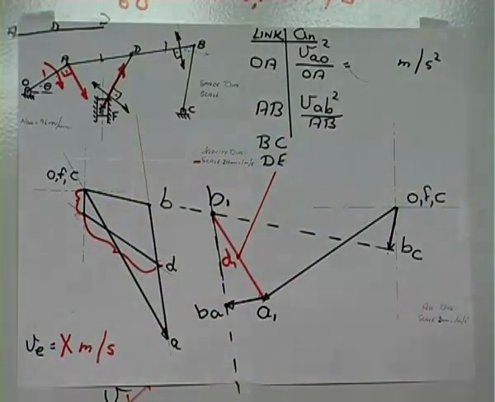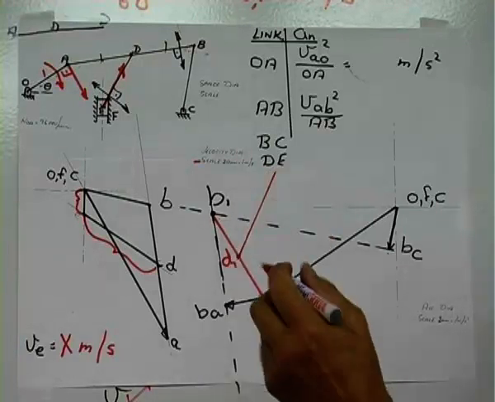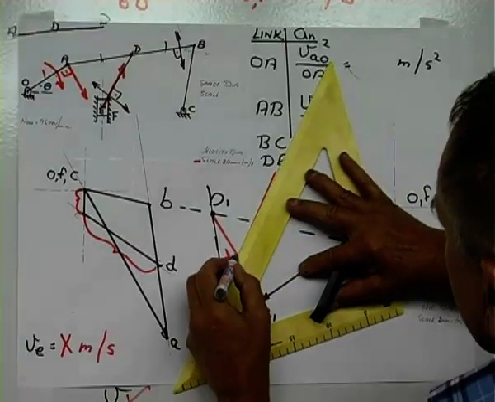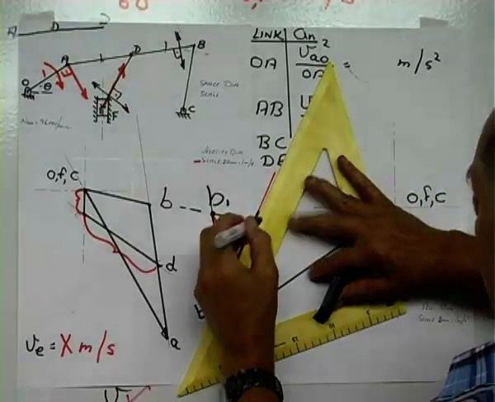This is the normal acceleration of E relative to D. You calculated the magnitude, so work through your scale and you can draw that point.